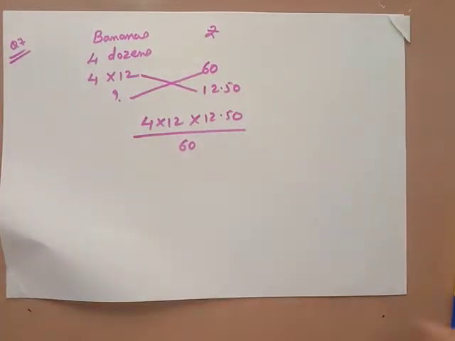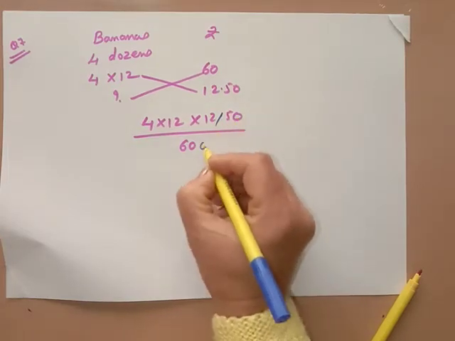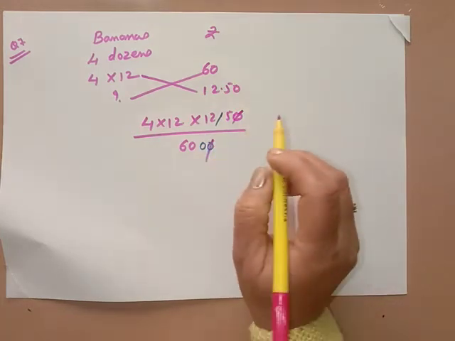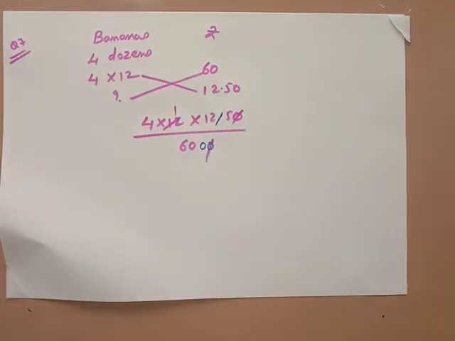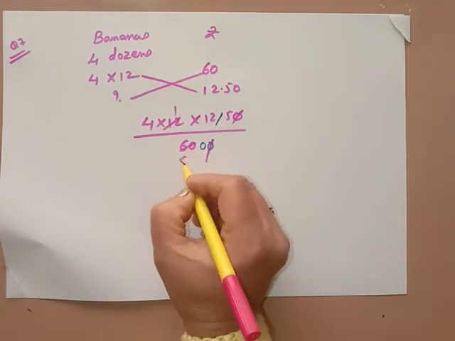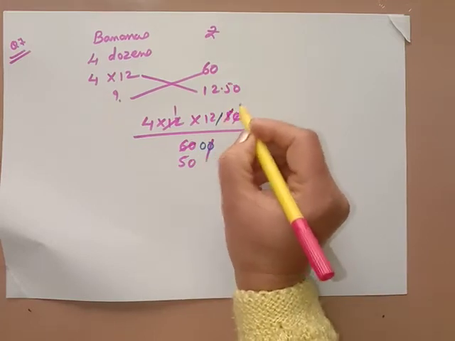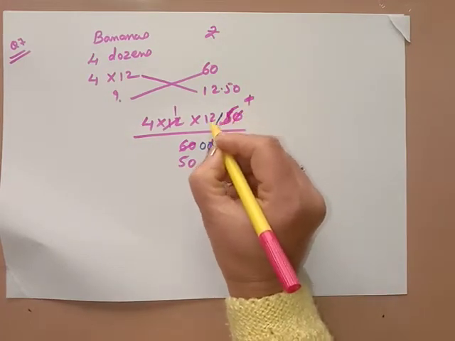Now decimal is there, I will cancel 2, I will put 2 zeros. Now 0 0 cancel. Now 12 ones are 12, 5s are and 0, 50. Now this is 5, this is 1 2 5.